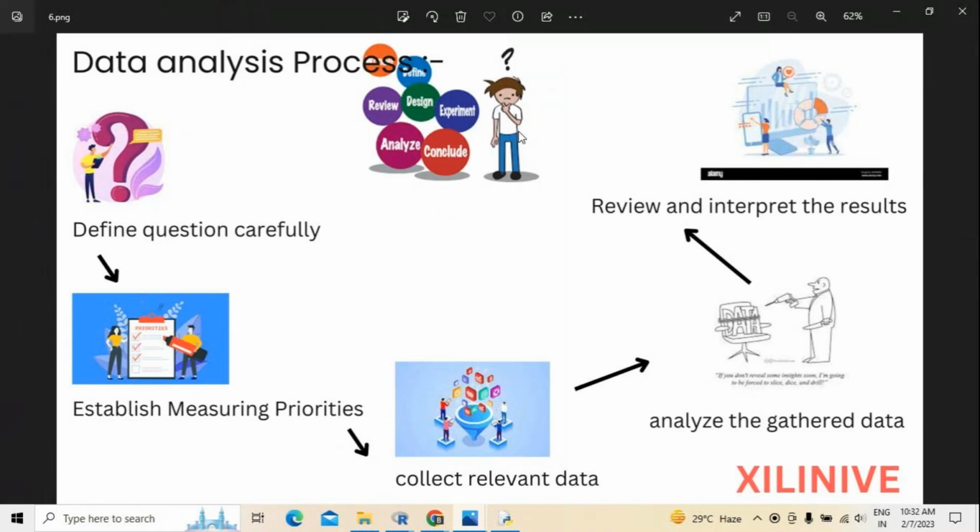Second, we need to establish measuring priorities, because measuring priorities depend on different angles, like high priority, low priority, and medium level priority. There are a lot of priorities involved, so one should know about establishing the measuring priorities. Followed by that, we need to collect relevant data, which is structured and unstructured, both.